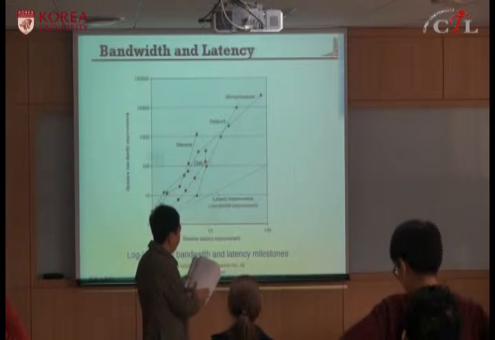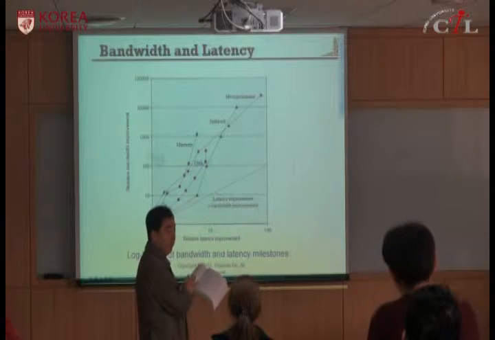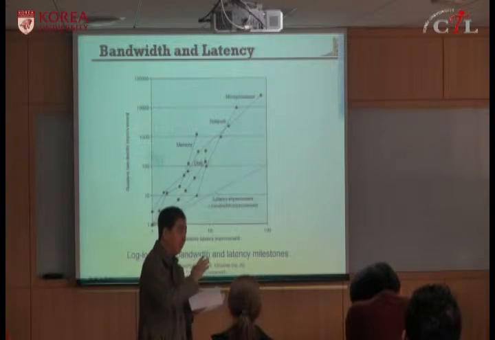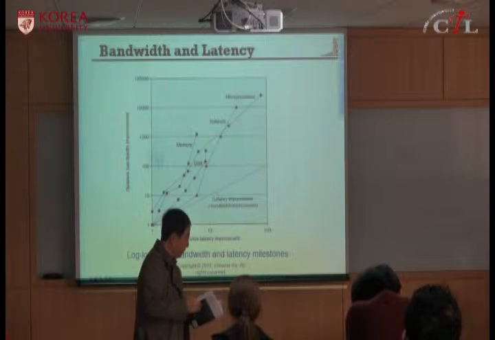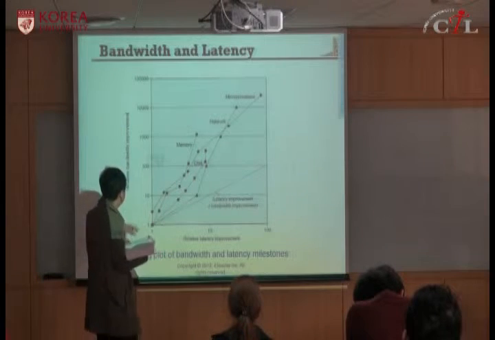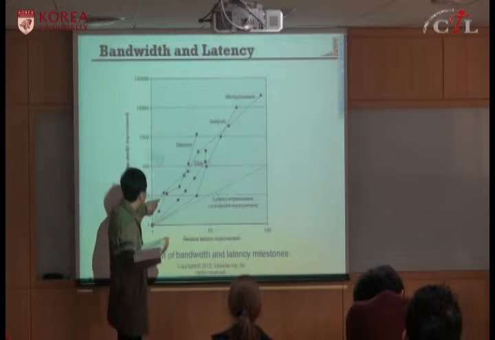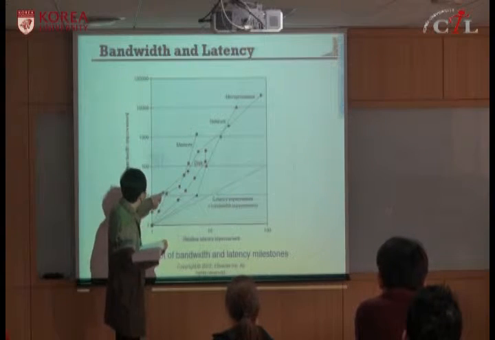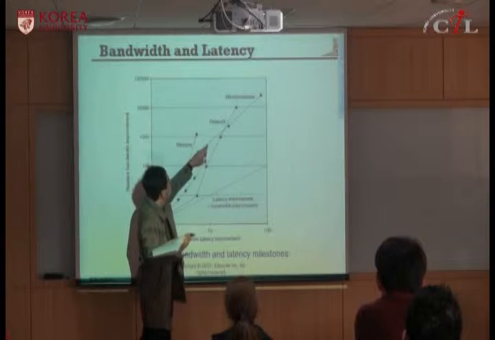So in the textbook you have this picture, you have to look at this table below. It just shows how this technology trend has been going for the last 20 to 30 years. So this is some kind of technology milestone. For processor, this diamond shows some kind of milestone.